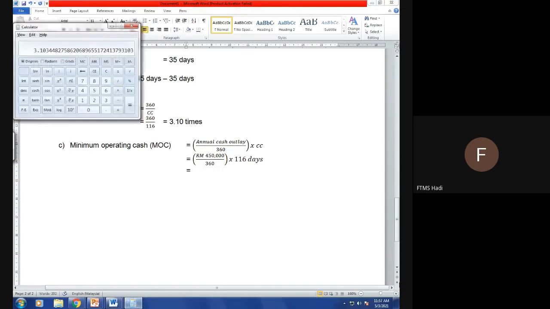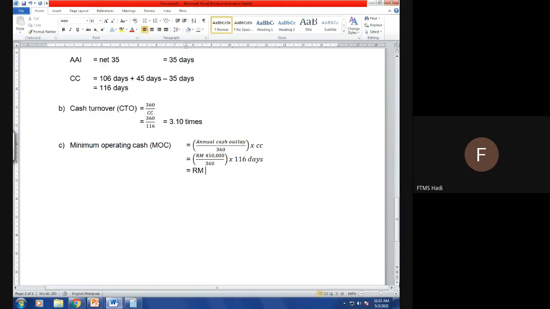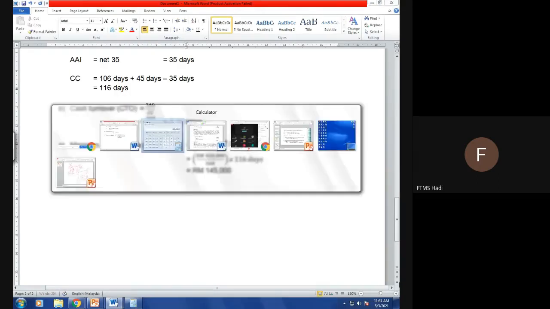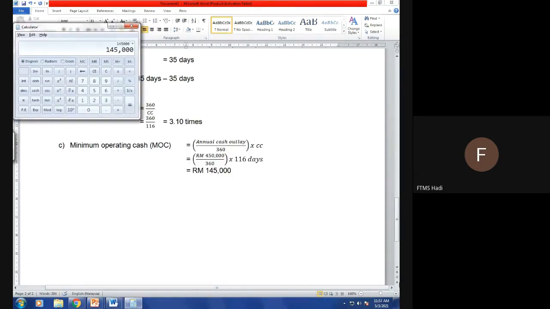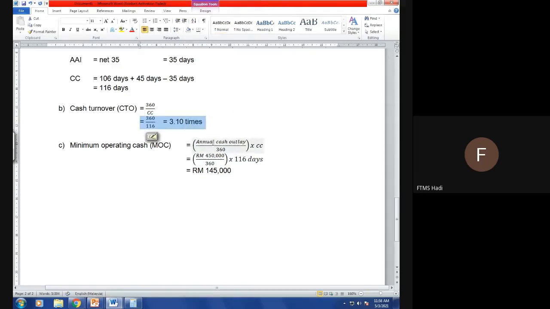So if you press the calculator, 450,000 divided by 360 multiplied by 116, RM145,000. If you cross check, multiply by the answer for question B, 3.10, you will almost get 450,000. You're short by 500 because of the decimal points and so on. So this is how you answer this one.